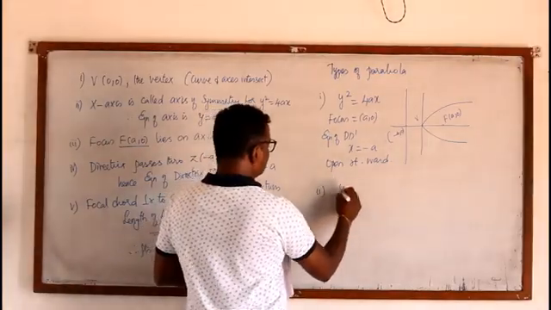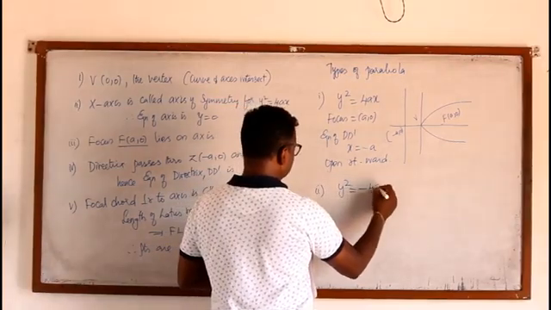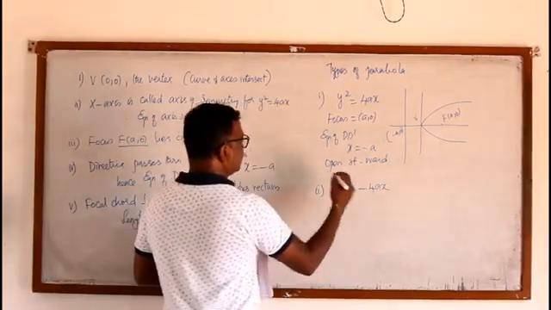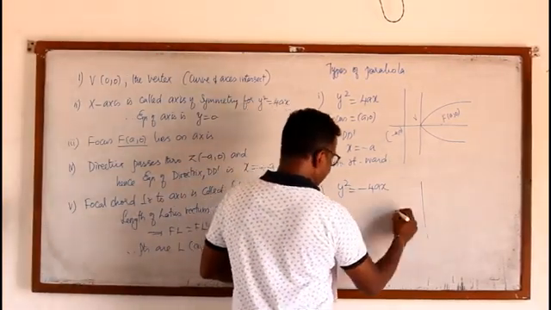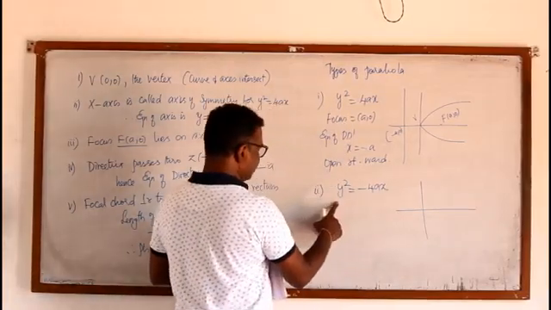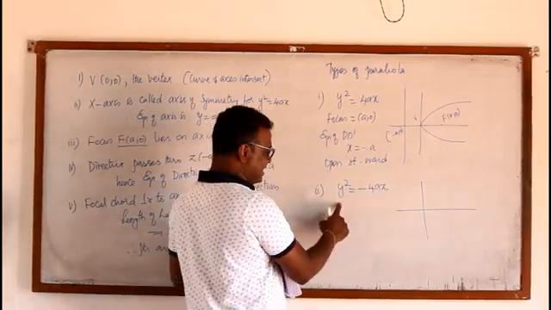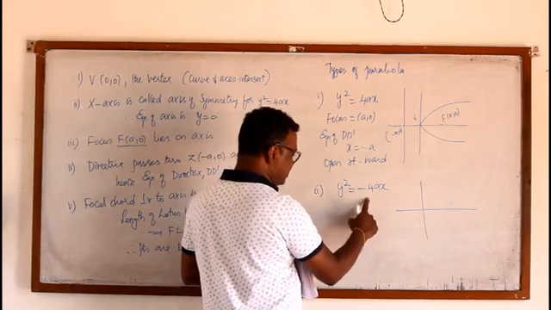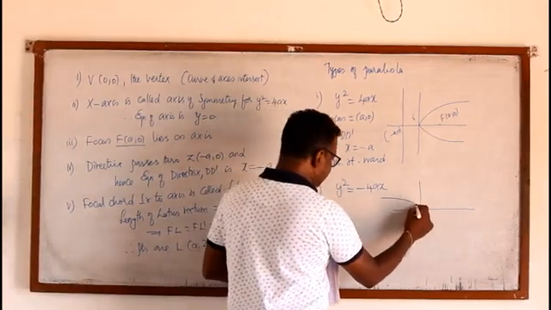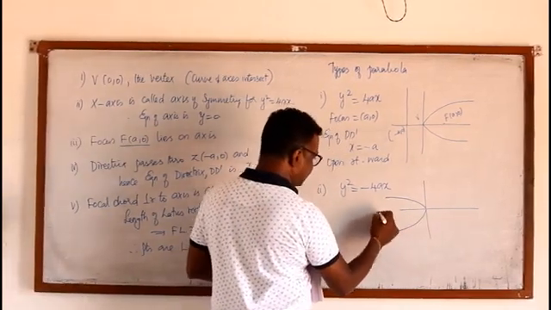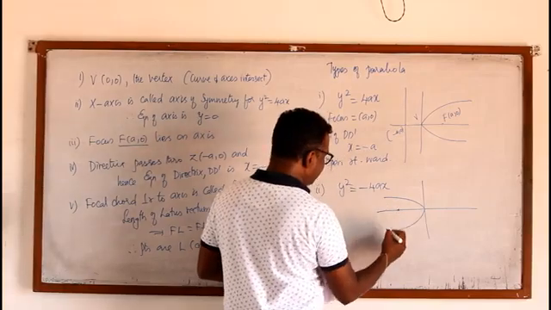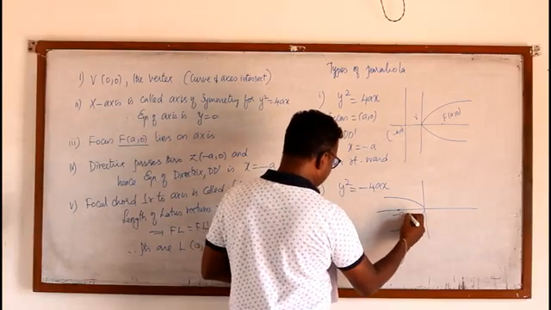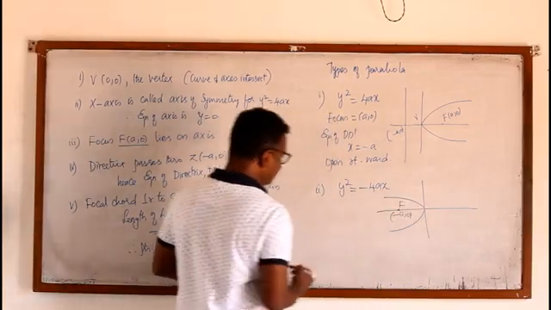Second type: y square equal to minus 4ax. Then we shall draw the curve first. Y square means our curve will be symmetric about the x-axis, but it is minus. Therefore, the curve is symmetric about the minus x-axis. Then the point on the minus x-axis will be minus a comma 0. So that is our focus.